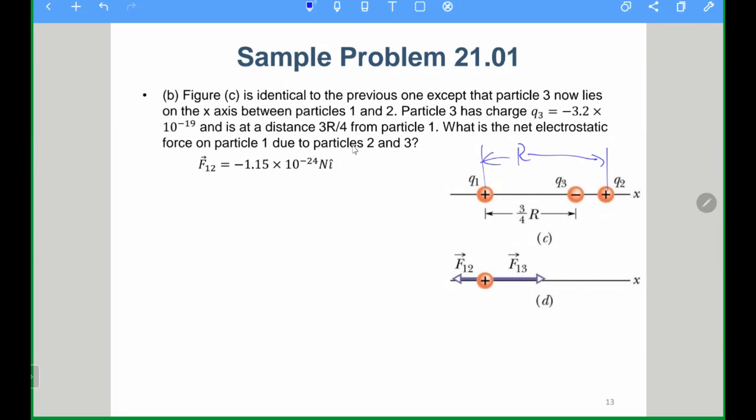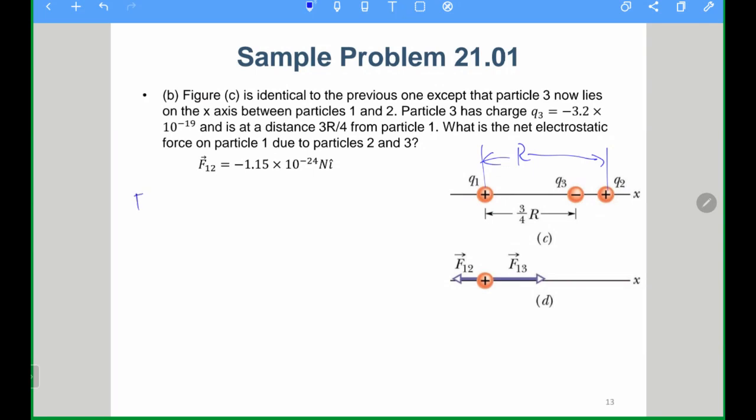Okay, so here we have 3 charges, and we would like to know the forces acting on Q1 from Q2 and Q3. We already know F12, the force acting on Q1 from Q2. The next step is to calculate the force acting on Q1 from Q3, and then we add these 2 vectors together. F12 will be the same because the distance and the charge amount are the same.